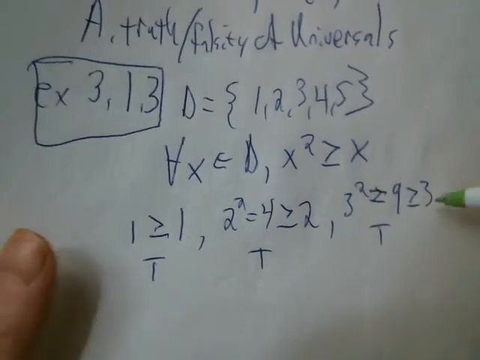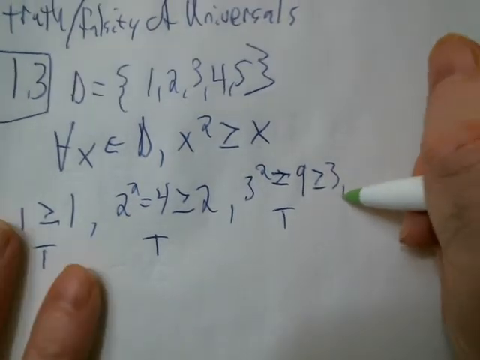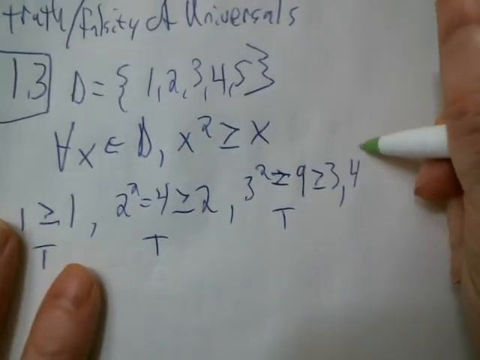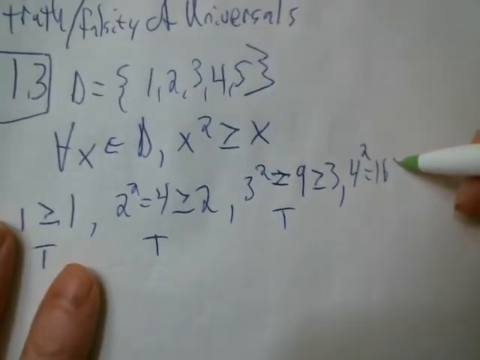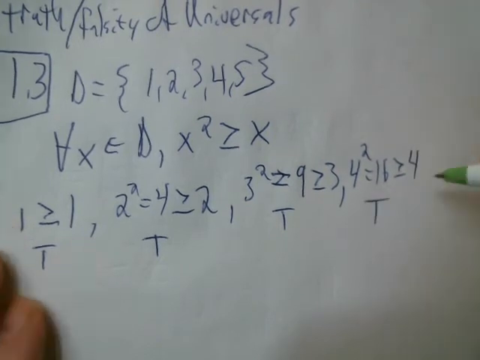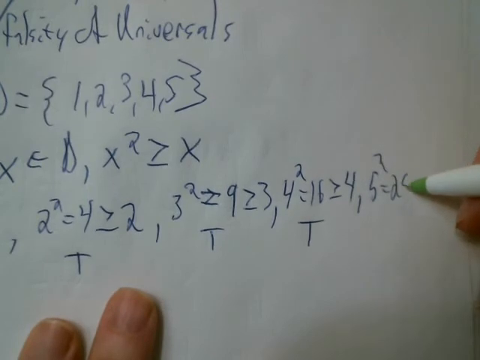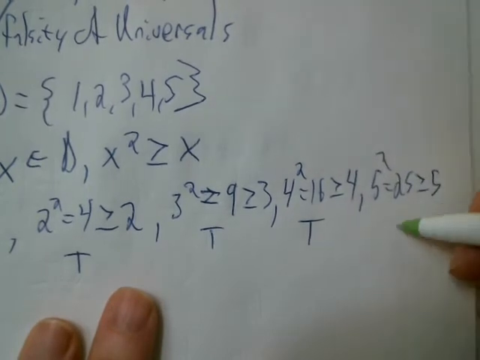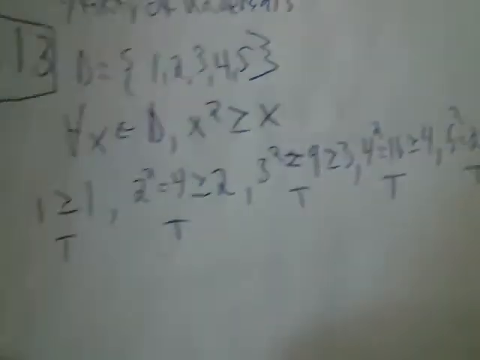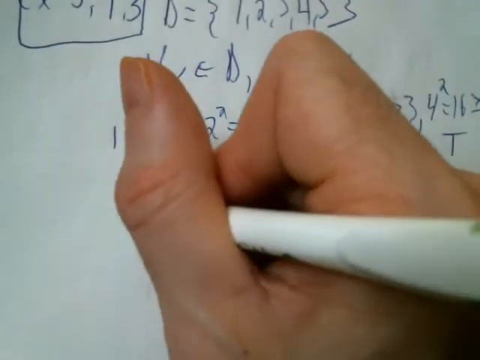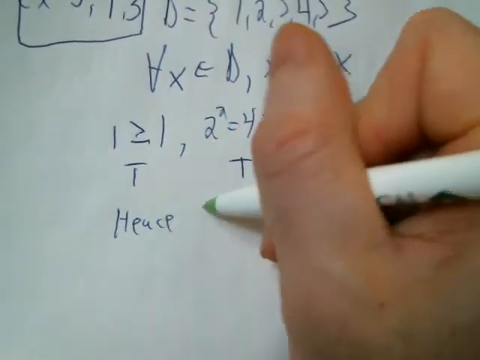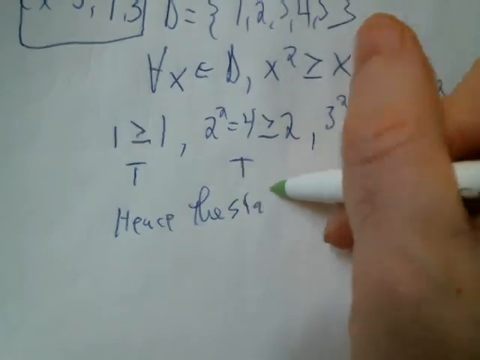Yeah, that's true. 4 squared, which equals 16, is that greater than or equal to 4? That's true. And finally, 5 squared is equal to 25. Is that greater than or equal to 5? Yeah, that's true. So this is a true statement. Hence the statement holds, or the statement is true.